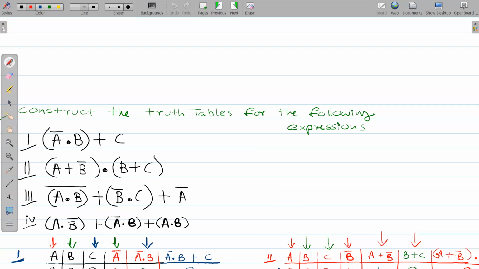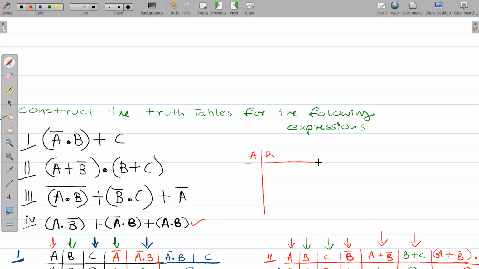So yeah, now when it comes to the fourth equation, you can find only two variables in the expression. So you have one input as A and the other input as B, right?